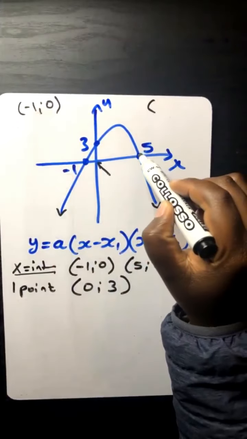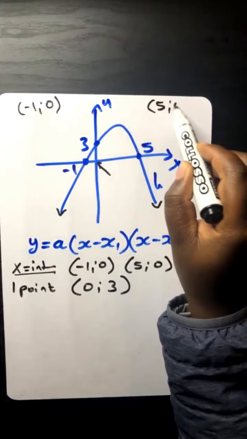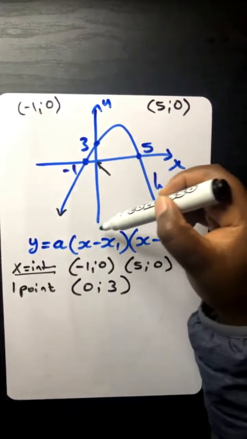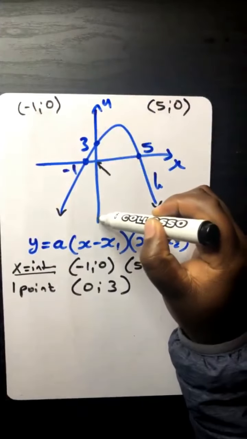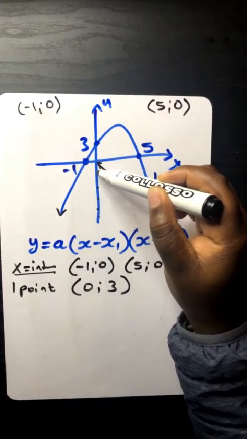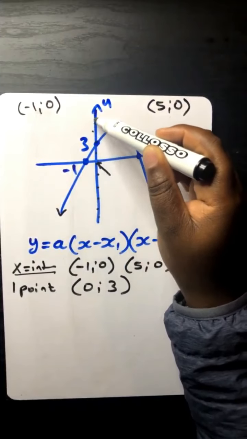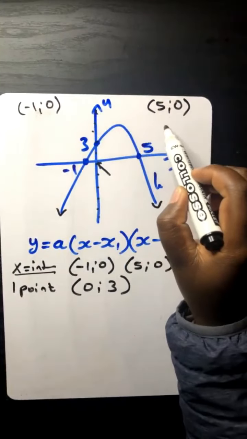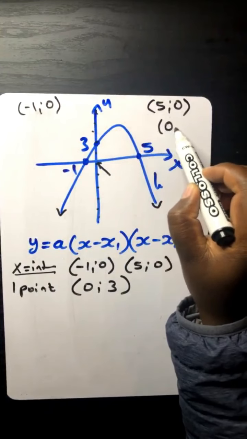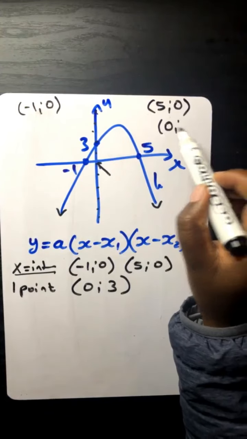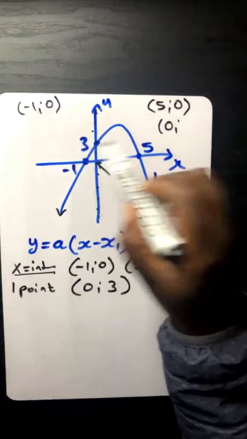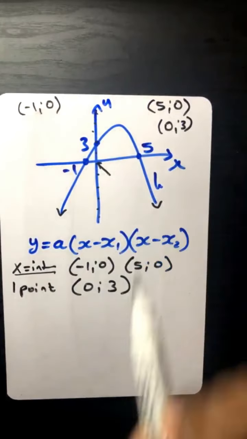Same as that one there, x is 5, y is 0. For that vertical line, for any point that lies on that line, x is equal to 0, and the y value is whatever point, in this case 3. Does it make sense now?